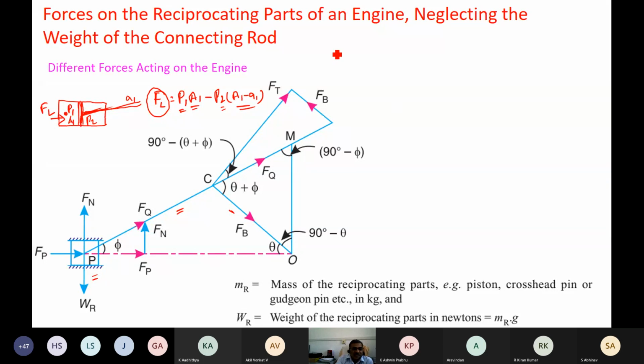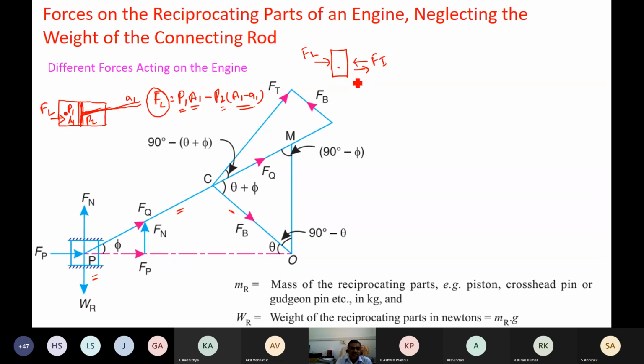Assume that this is a piston. Here FL is acting. That is gas force. When the body is accelerating, you might have studied, inertia force will be acting opposite. If the body is decelerating, the inertia force will be acting along the direction. This is Fi, inertia force.